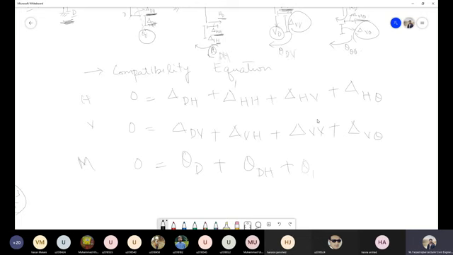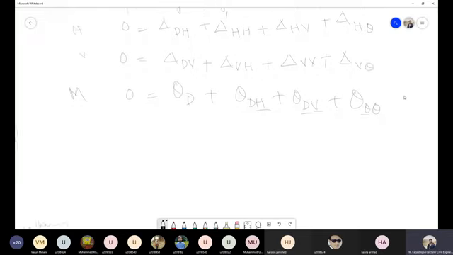So in this structure we have theta DV, and in the last one we have theta theta. Theta DH means the rotation at point D due to the horizontal load. This is the rotation at point D due to the vertical load, and this is the rotation at point D due to the moment that we have applied.